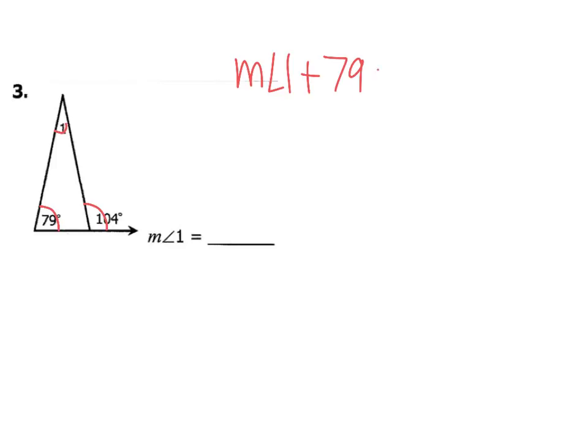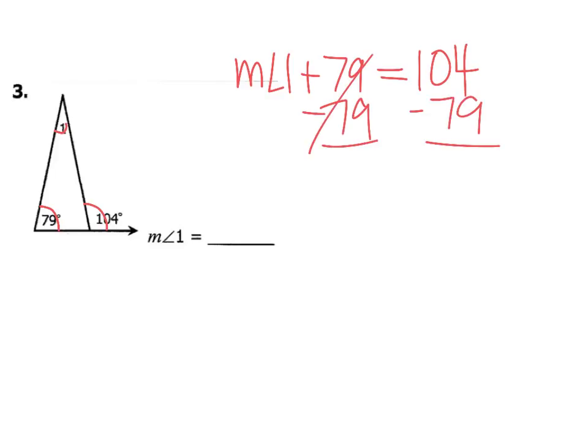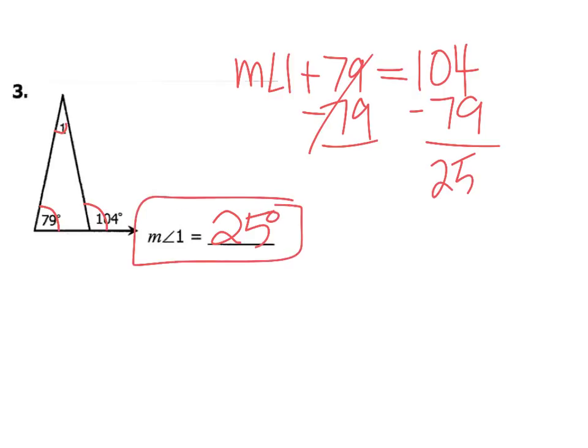If we add them together, it has to equal our exterior angle, which we know is 104. All right, so to find the measure of angle 1, subtract 79 from both sides. 104 minus 79 is going to give us 25. So the measure of angle 1 is 25 degrees.